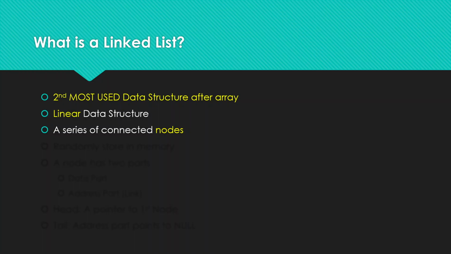As I've already said, just like a train, we have a series of connected nodes that are linked together and also hold data. Then these particular nodes, unlike an array, are stored at different locations in memory. So they're not contiguous.